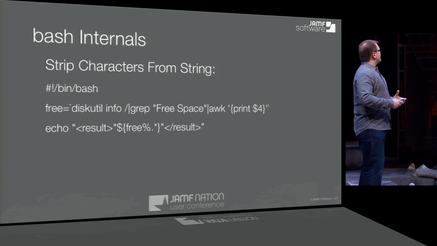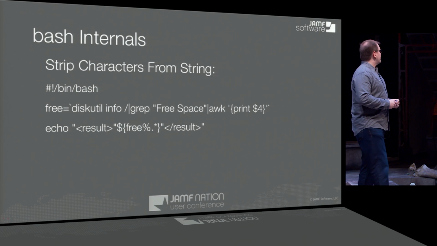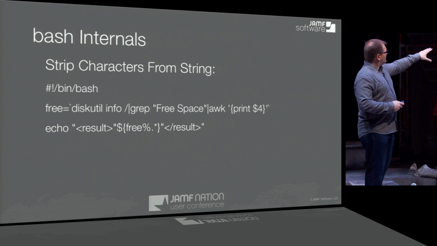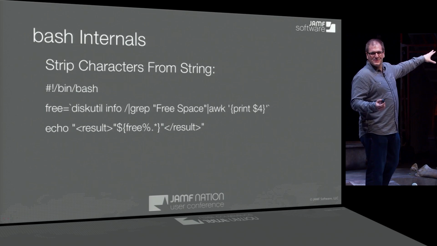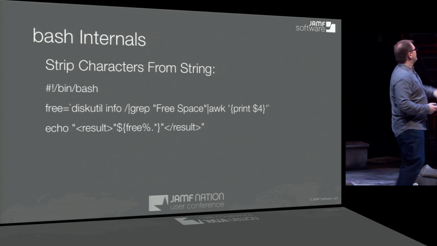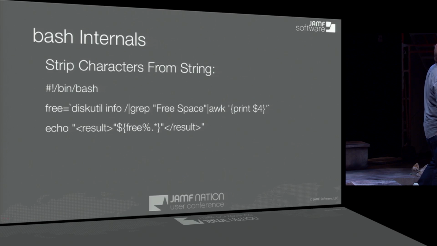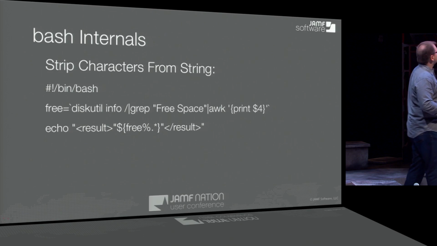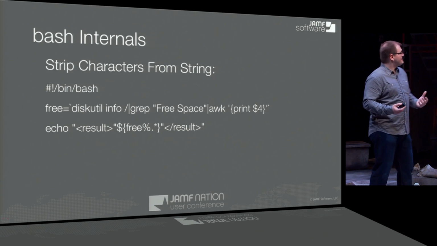And now the last bit, here where I'm actually stripping out characters, in my echo, and if you've ever built a script for an extension attribute, you'll recognize those result tags, right? To fill my extension attribute, I need to send my output to standard output wrapped in those result XML tags.